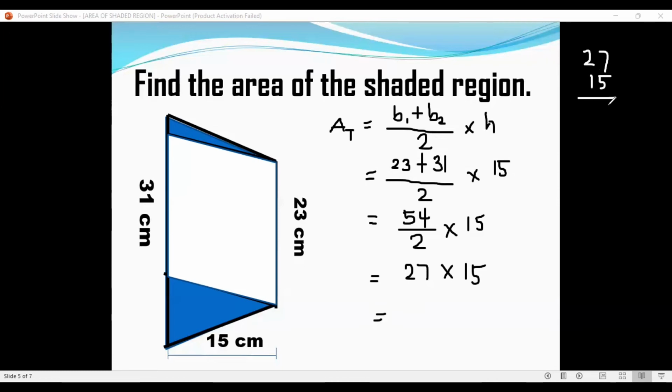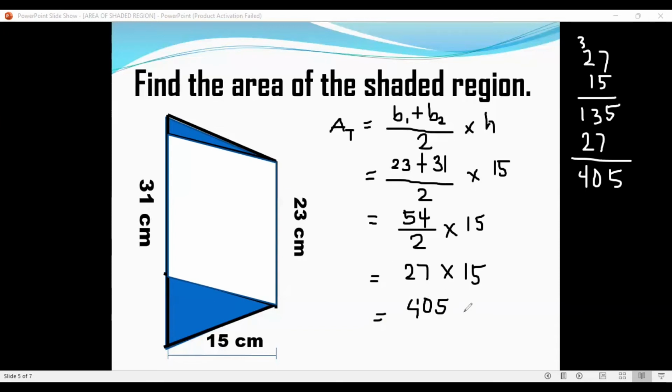And the answer that we are getting here, we can solve 27 times 15. So there is 35. You have to regroup 3. That will now be 13, and then we just copy the 27. And so our answer is simply 5, 10, 1. So there is 405. So our answer for the trapezoid is 405.